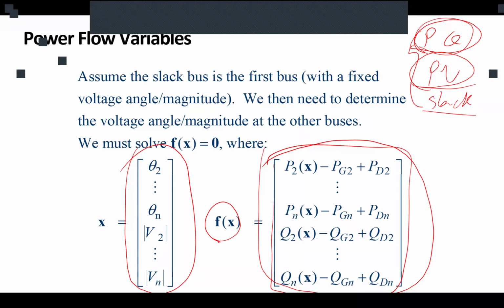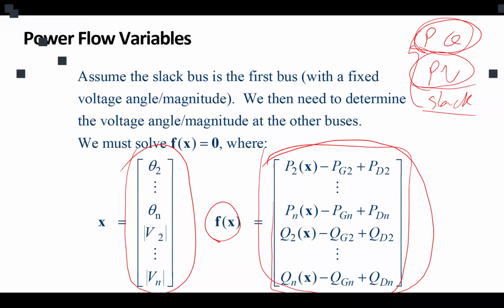So theta 1 and V1 is always constant, theta equal to 0, V equal to 1 per unit. So V1 and theta 1, because we chose it as a slack bus, are known, not unknown. Are we good? The rest is unknown.